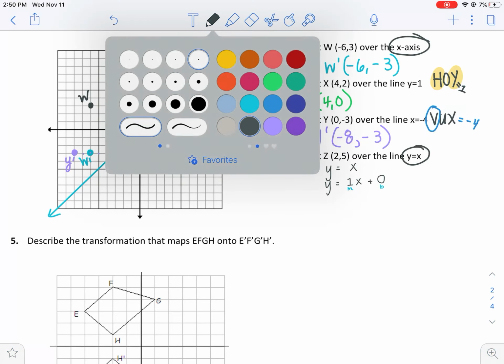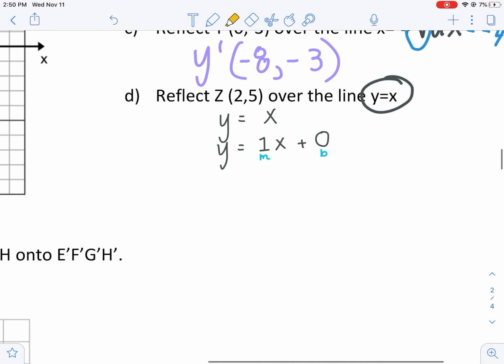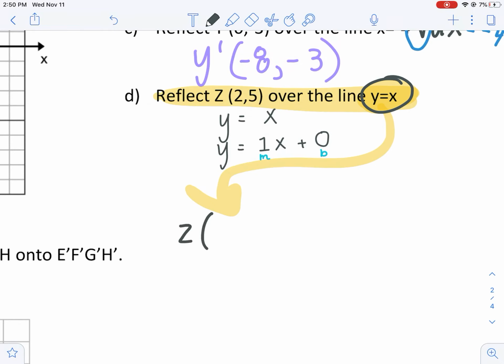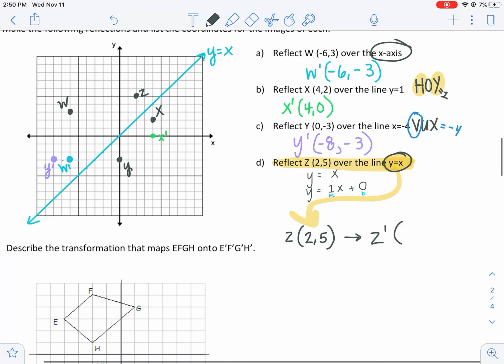Okay, here's our trick. When, and just when, we're reflecting over the line y equals x, if I have the point z at (2, 5), z prime will become (5, 2).